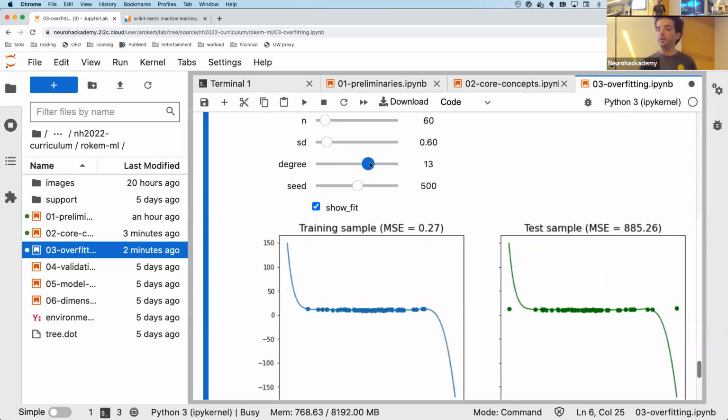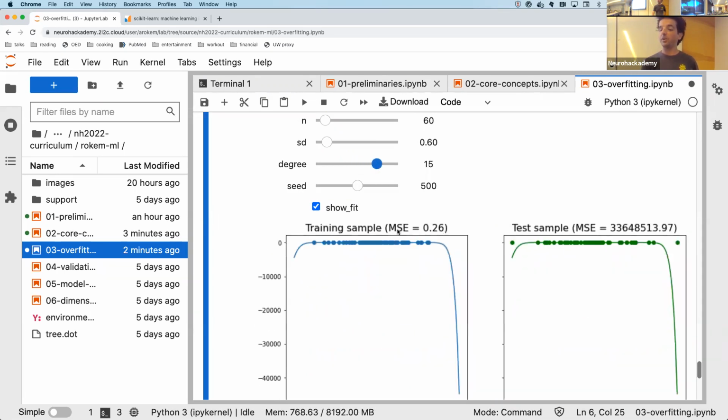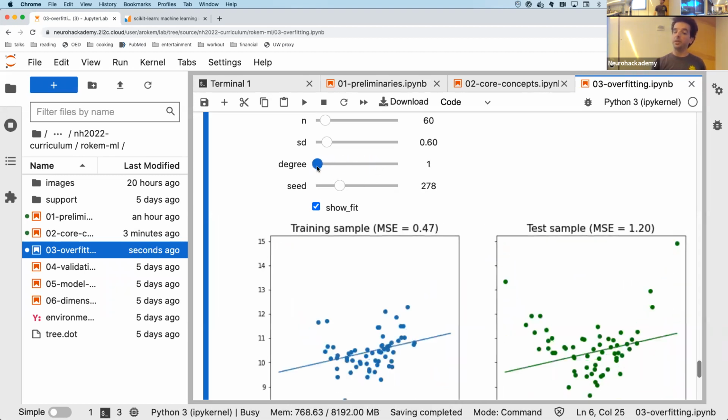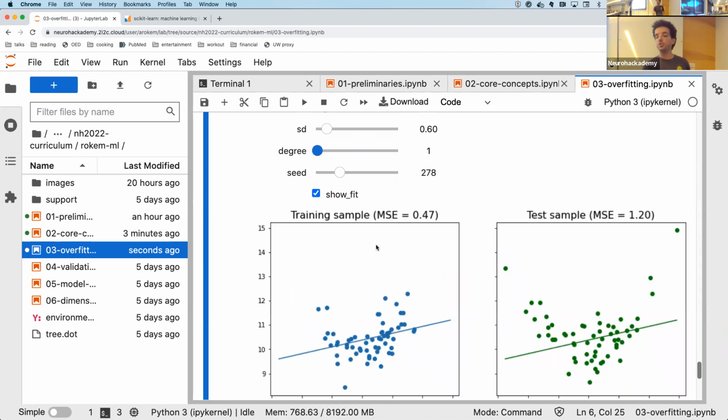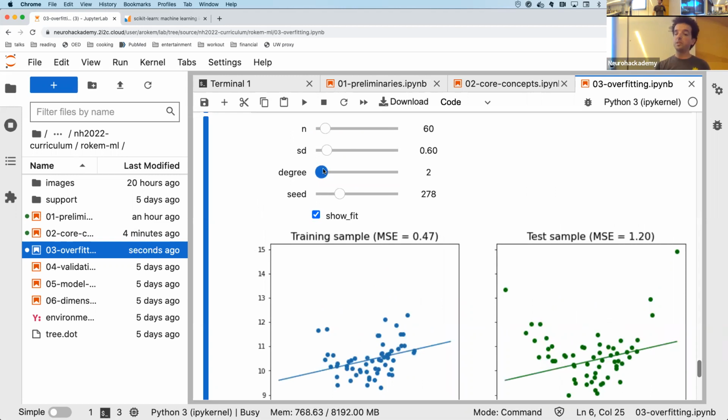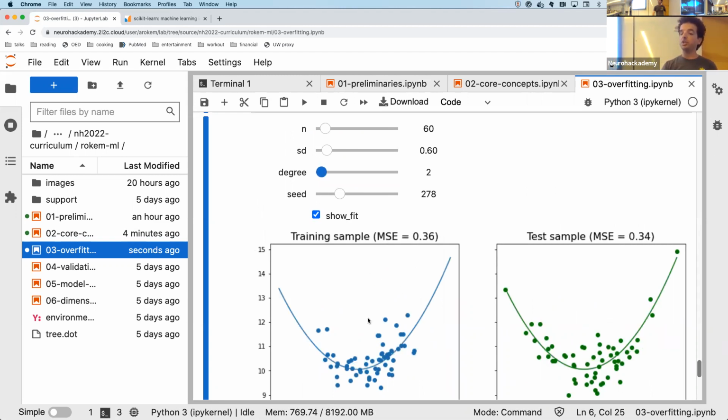And we can see if we up that a lot, the error on the training sample will go down, down, down, but at some point the error on the test sample will just go up, up, up. So here we can start seeing a procedure that would help us deal with overfitting, which is to fit the model on some training sample, play around with some parameters of the model, and make sure that while we are fitting the training data, at the same time we're not missing completely on the test sample.